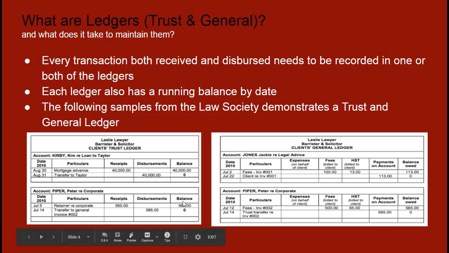Once again, when you capture details about a payment, especially if you're using a manual system, let's say you've completed the work, there's no trust involved, and you charge them $565. It's very important for you to write it down on a piece of paper or into that Excel sheet, or if you're using a legal accounting system, then it would do it for you.